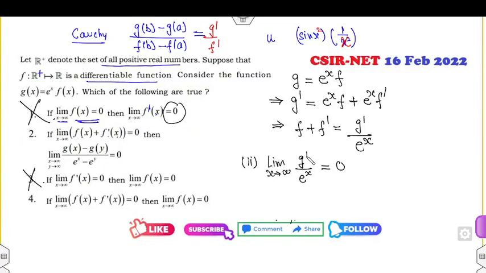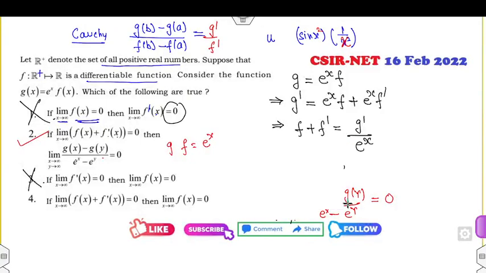So now you can see g dash, I can take g is my g, f is my e raised to power x. This property is satisfied. Fine. So I can say this term is nothing but g(x) minus g(y) divided by e raised to power x minus e raised to power y, which is 0. So therefore this result is true.